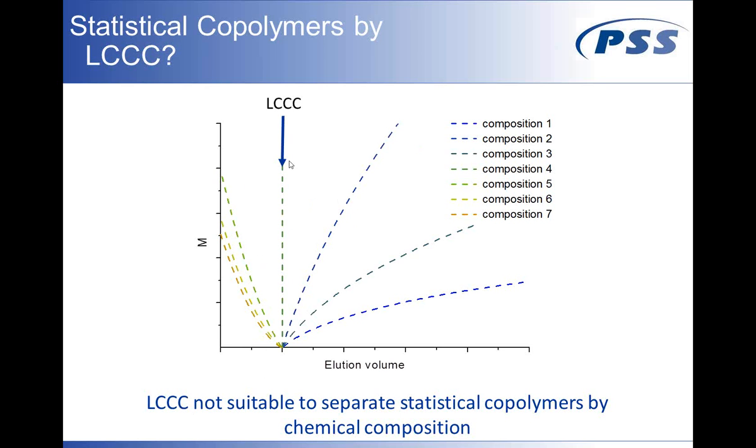And therefore, if you now, under these conditions, look at this elution volume, you have a co-elution of different compositions with different molar masses, meaning we have co-elution again, and we cannot separate statistical copolymers by critical chromatography.